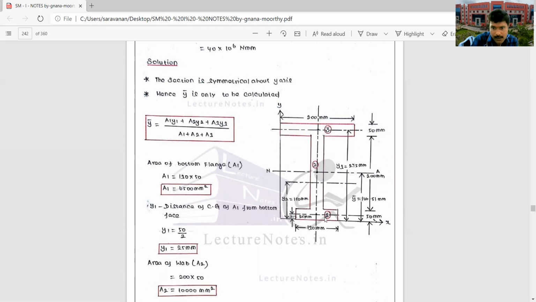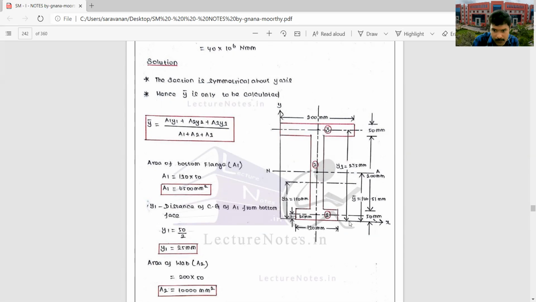Now the area of the bottom flange, section 1, is rectangular: A1 is breadth into depth, 130 into 50, since the flange breadth is 130 and the depth is 50. And y1 is the distance of the center of gravity of A1 from the bottom.